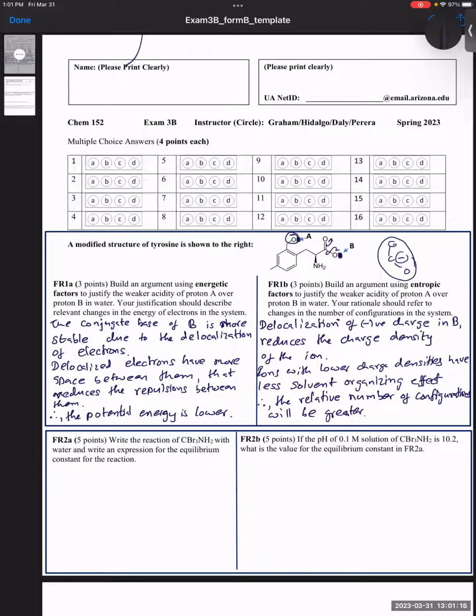All right, moving on. Write the reaction of CBr3NH2 with water. Let's do that first.